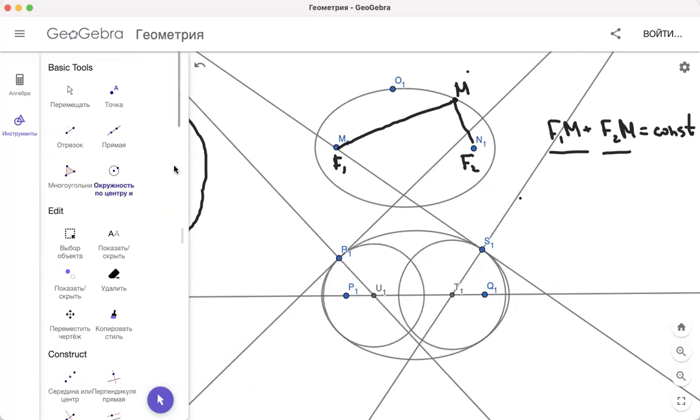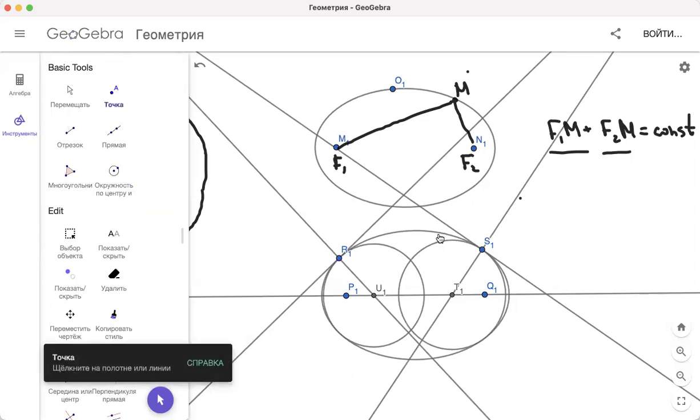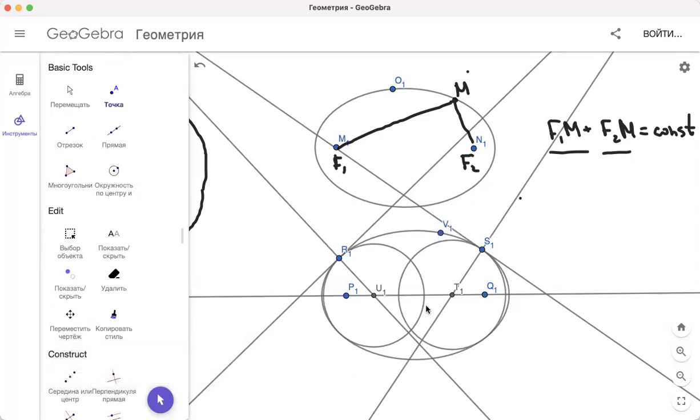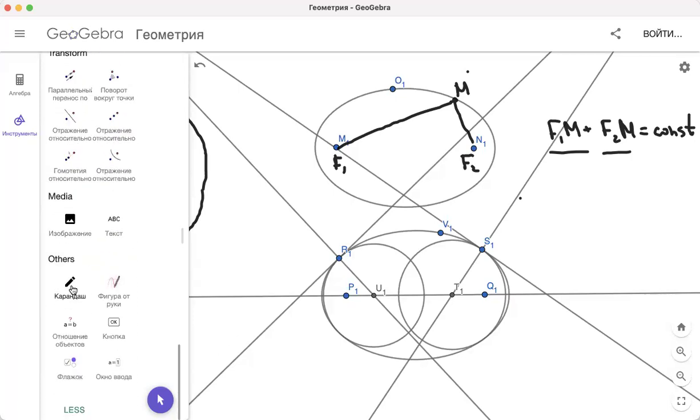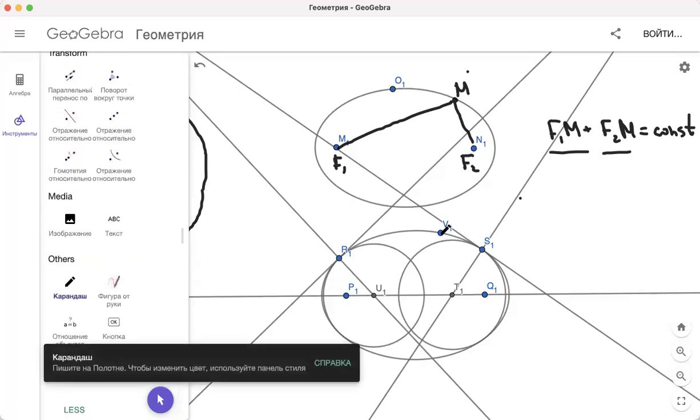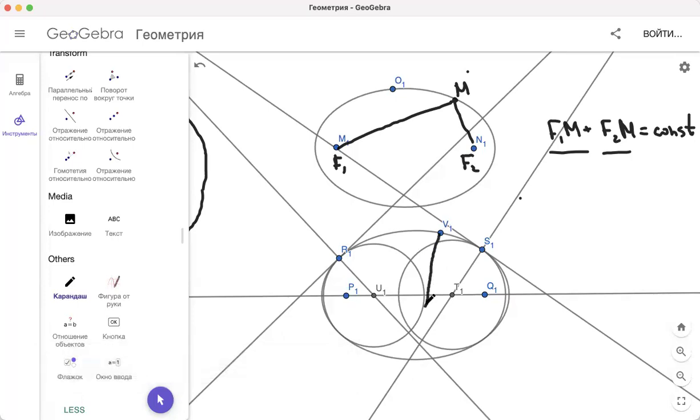And for this configuration, for this figure, you can take an arbitrary point on the ellipse and consider tangent distance to these circles.